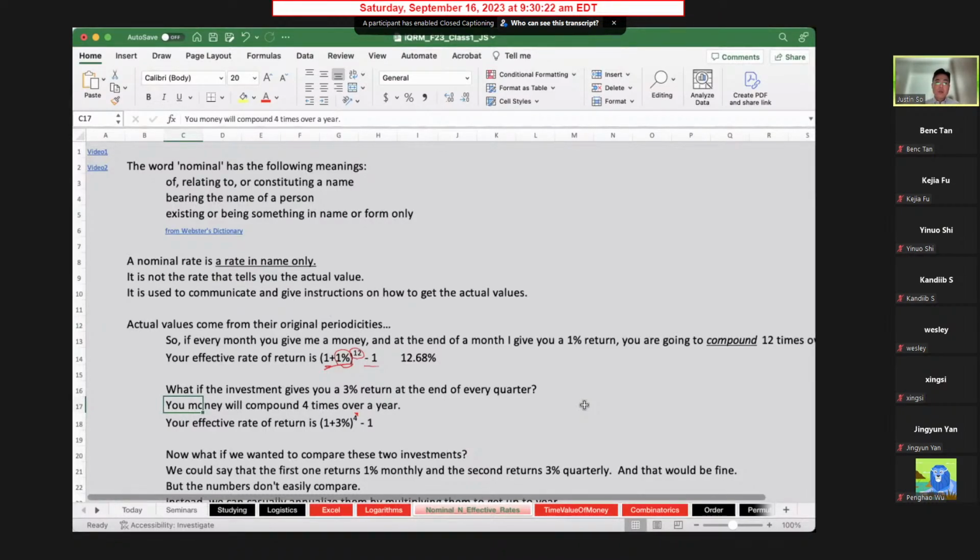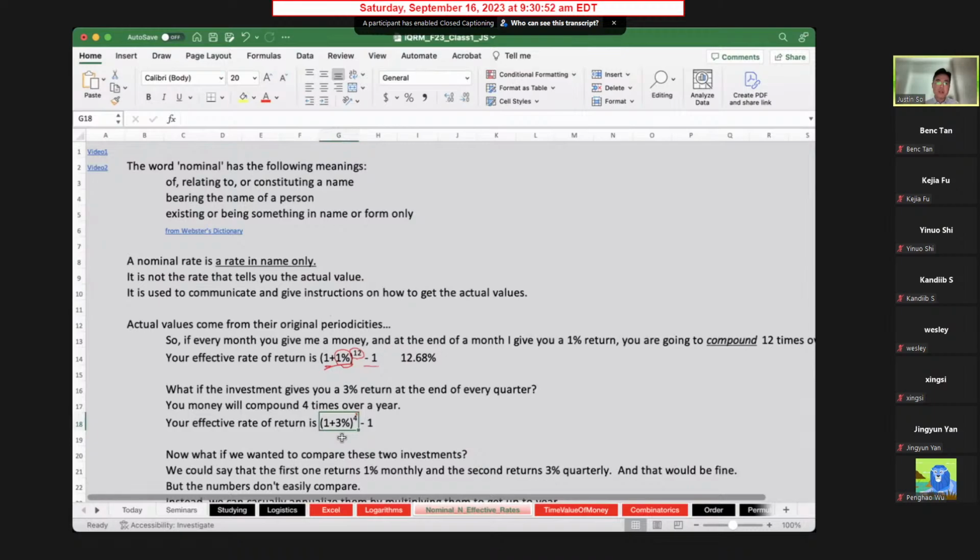So in the two investment cases, the nominal rate is 12%, the same. But in the second investment, your money will compound 4 times because every quarter you get a return, and then that's compounded. How do you calculate effectively how much you earn on this one for the year? The calculation is 1 plus that 3%. Your file has 12% with a power of 12.